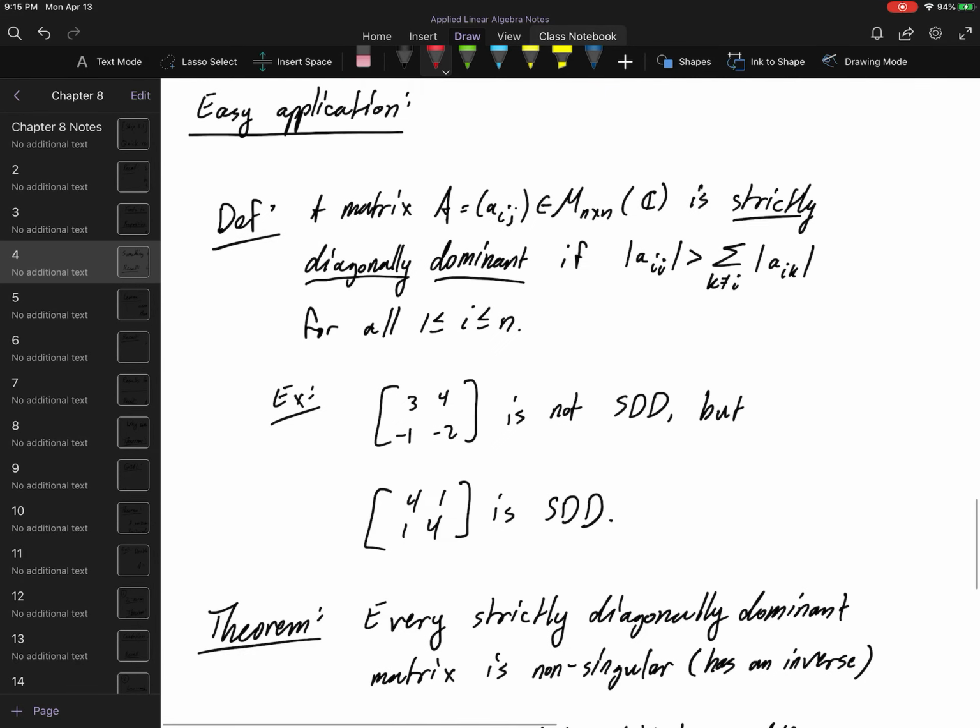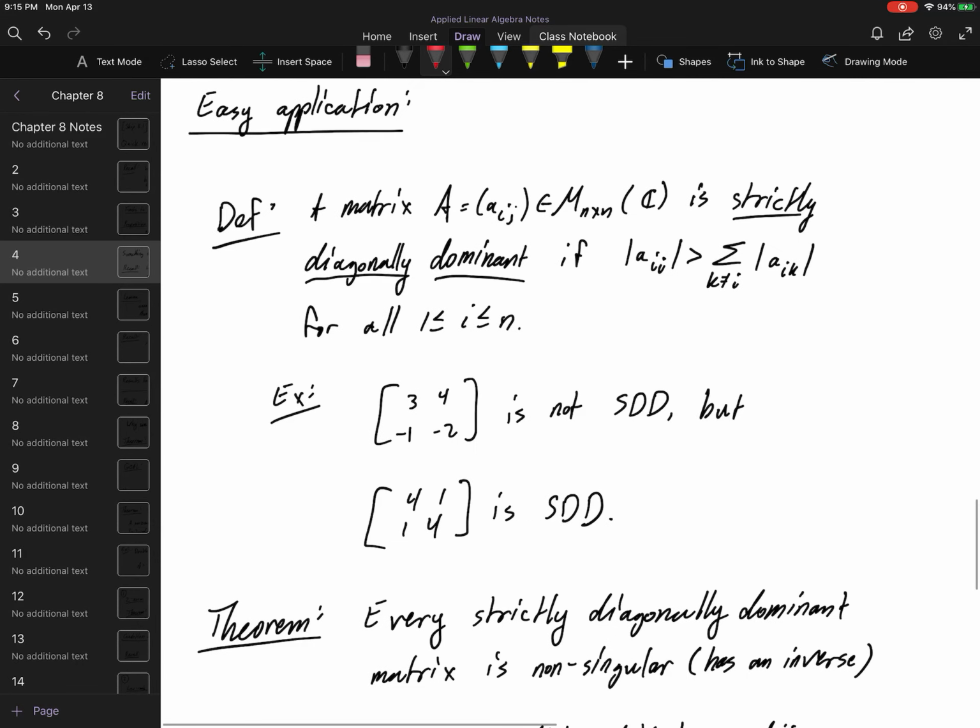Okay, and the last thing I'll say about this guy is, why would we care about these Gershgorin domains? Well, there's an easy application for us. If we have what's called a strictly diagonally dominant matrix, and feel free to think of that as just a matrix whose diagonal elements in each row are bigger than the absolute sum of the remaining elements.